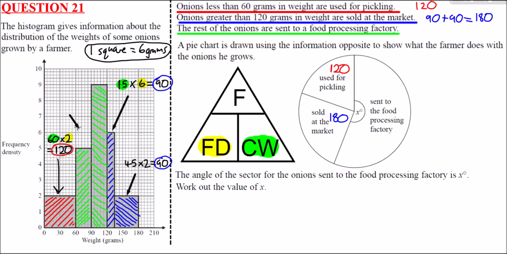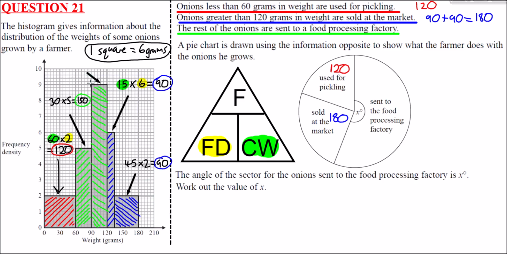Okay, so this one. Frequency density is 5, class width is 30. So the onions represented by this bar is going to be 30 times 5, that's 150. And finally, for this bar here, the top one, from 90 to 120, that's a class width of 30, and the height of it, the frequency density, is 9.